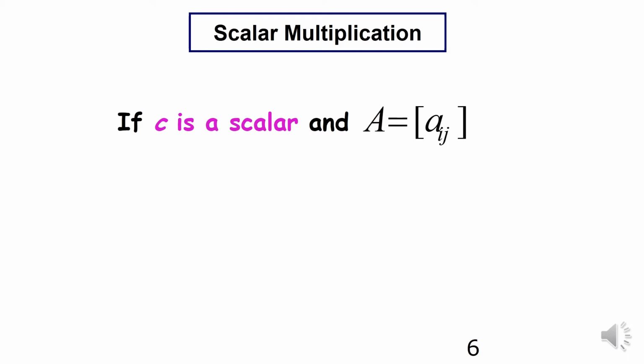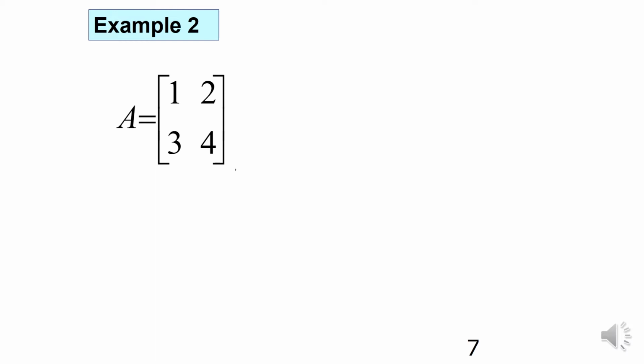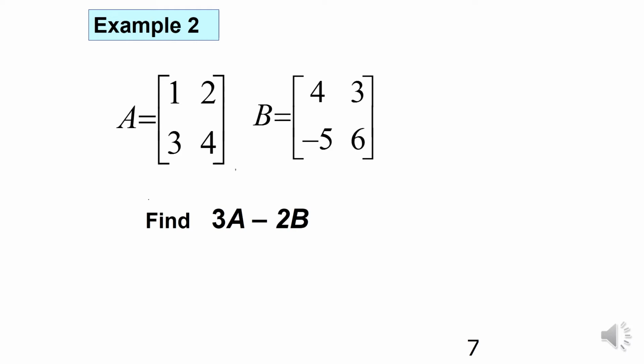Scalar multiplication. If c is a scalar and matrix A equals a_ij, then cA equals c times a_ij. For example 2, we have matrix A, 1, 2, 3, 4 and matrix B, 4, 3, negative 5, 6. The question asks to find 3A minus 2B.